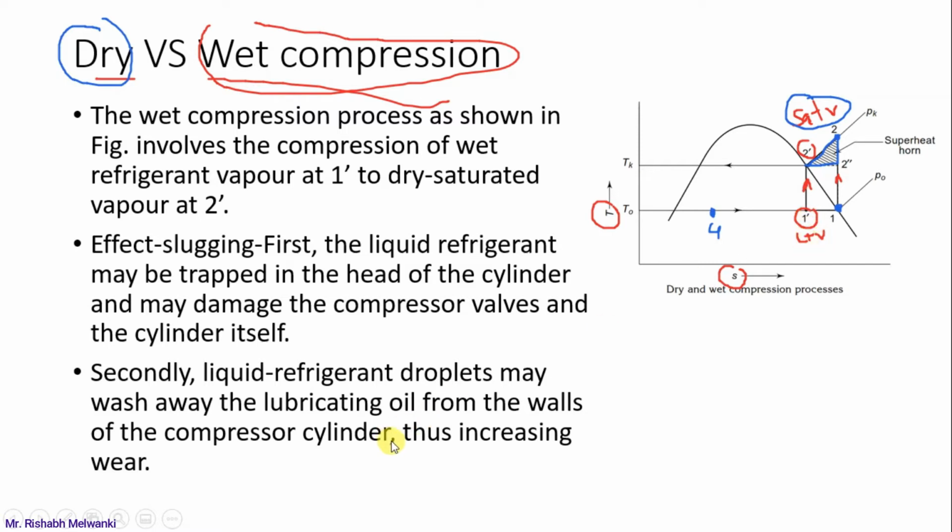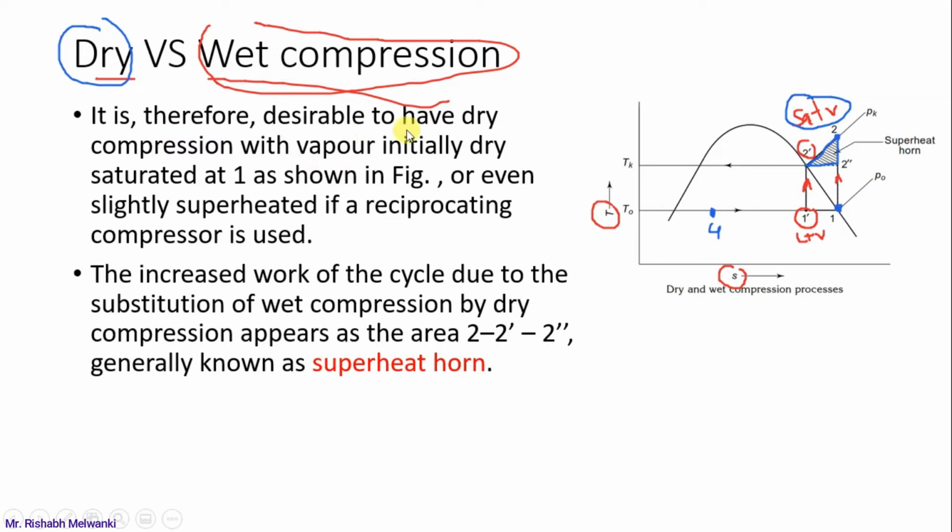That liquid part will wash away the lubricating oil which is present between the piston and the cylinder, and it will increase the wear. So these are some of the disadvantages of wet compression, and it is desirable to have dry compression. Now it could be possible that in some cases wet compression is also important. So we will see what those cases are.